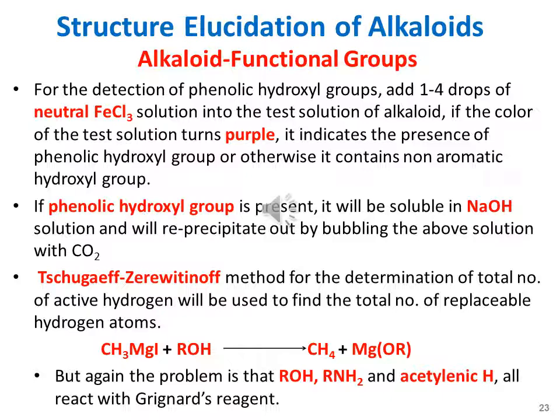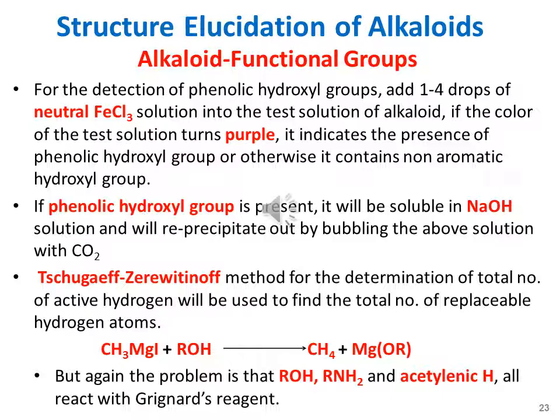Once you have determined whether your hydroxyl group is phenolic or non-aromatic, the next step will be the quantitative determination of the hydroxyl groups. The method that is used for the determination of the total number of active replaceable hydrogens is called the Zerewitinoff test.